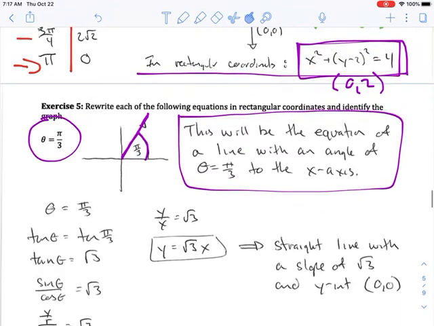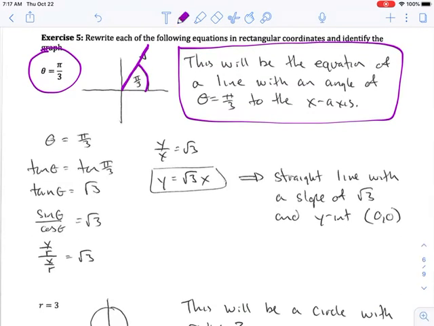All right, so back to this one. If we convert this into rectangular form, starting with theta equals pi over 3, we take the tangent of both sides. And so what makes me think I should take the tangent? You have to try things, try something.